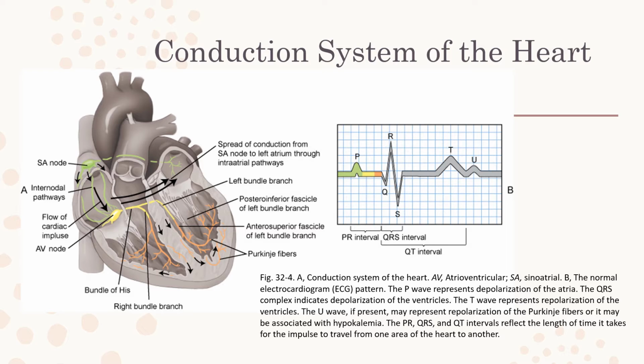The impulse then travels to the atrioventricular node, down through the bundle of His and down the right and left bundle branches. It ends in the Purkinje fibers, which transmit the impulse to the ventricles. If you remember, one of the key components of the AV junction is to hold that impulse for a short period of time until the atria can contract.